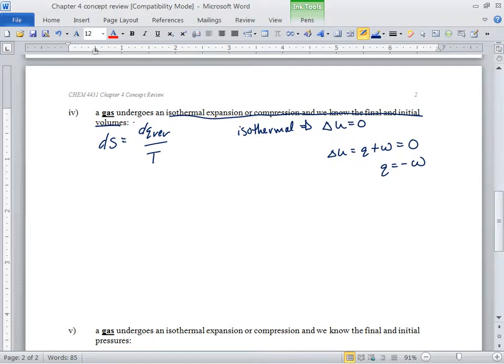W is negative nRT natural log V final over V initial. We need to derive that. And then essentially we'll multiply it by a minus sign, put it in up here. Okay? If we derive it, wouldn't it be W equals negative pressure external times delta V? Because remember, when you derive it, okay, so let's start isothermal.